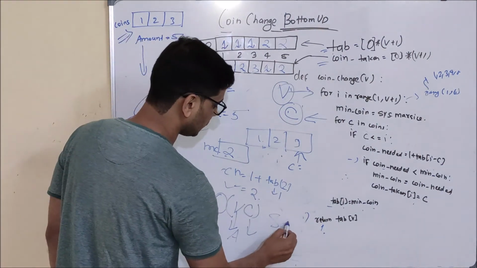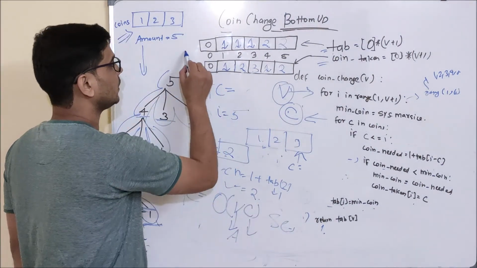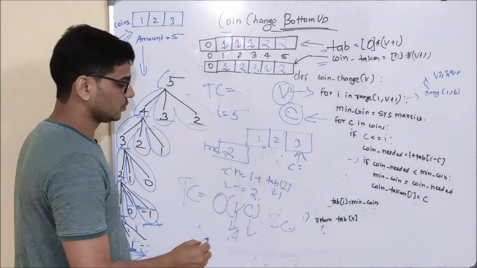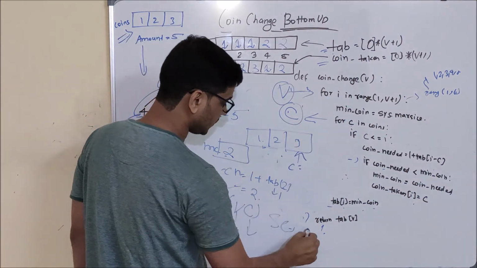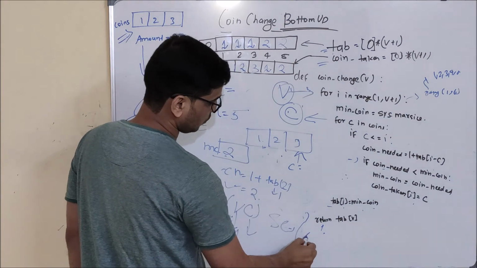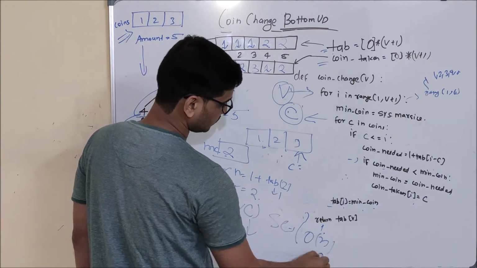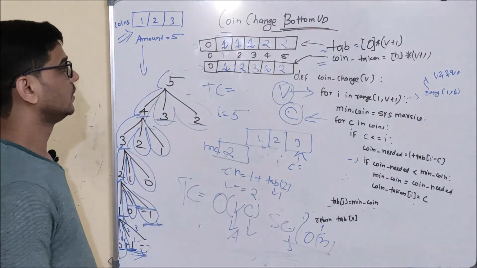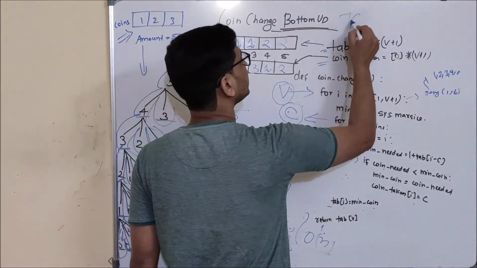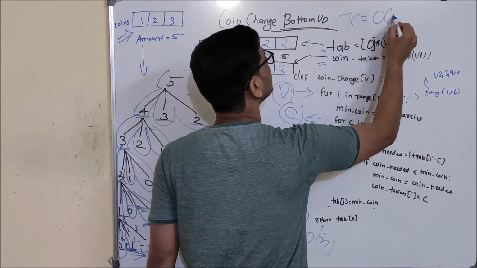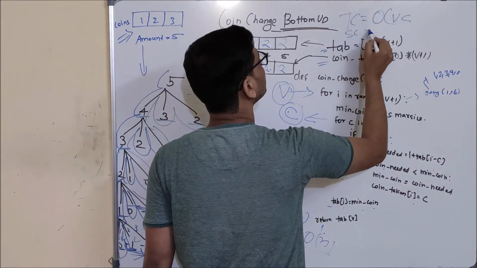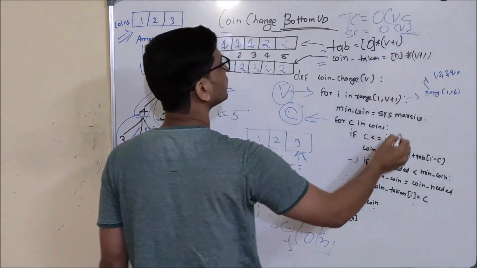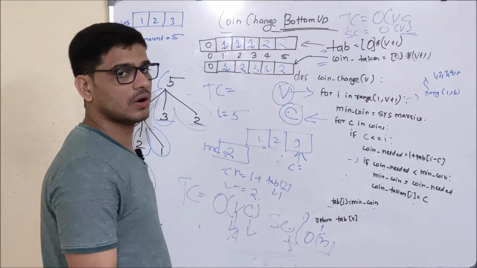And what is the space complexity? See, here I am using a 1D array and here also I am using a 1D array. So my space complexity will be order of V, and this is the best space complexity we can have here. So once again, time complexity order of VC, space complexity order of V, where V is the amount.